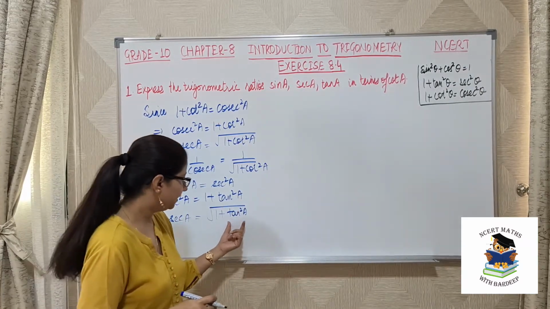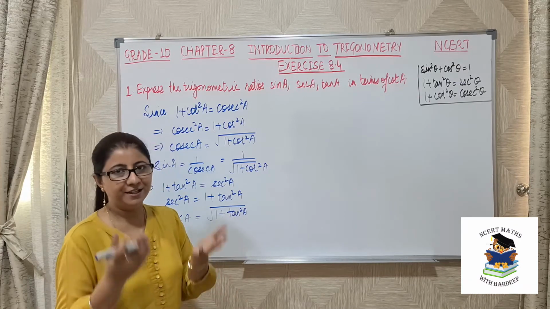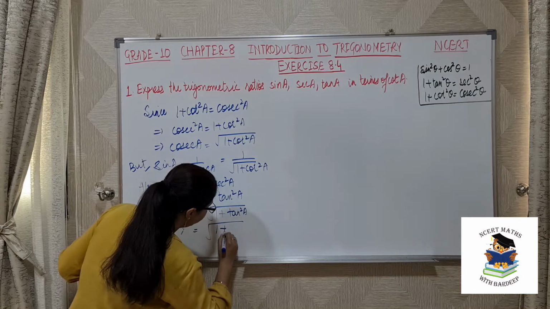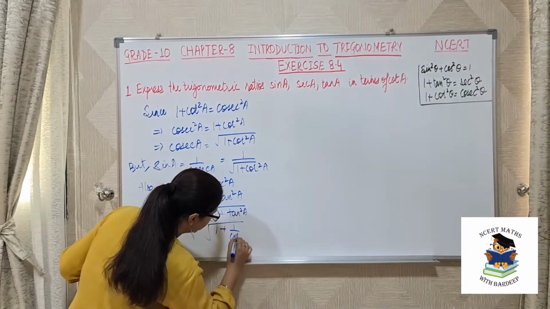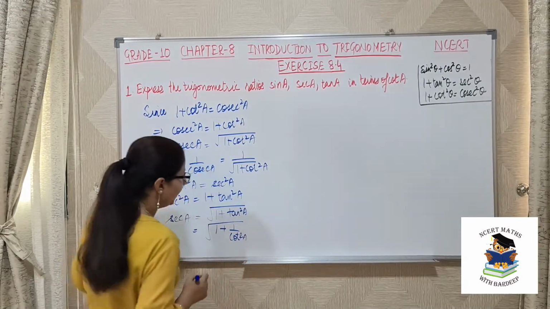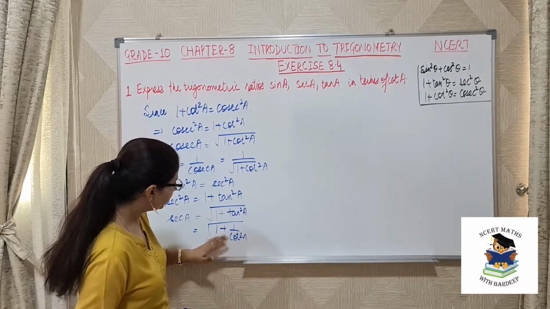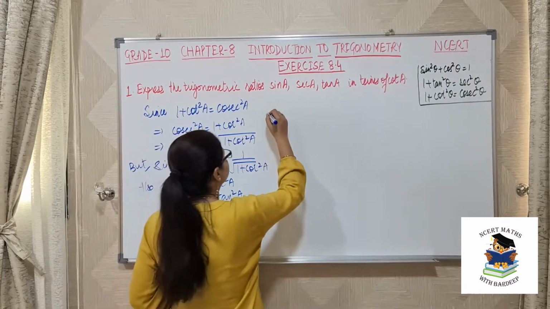And what is the relation between tan and cot? They are reciprocal of each other. So we will write this as 1 plus 1 over cot square A. Why? Because tan A is equal to 1 by cot A. So after this step, just take LCM.